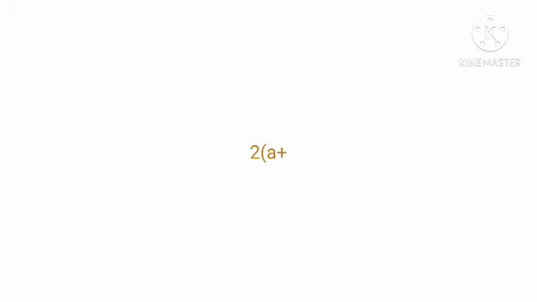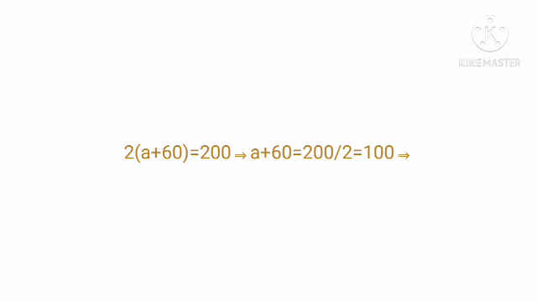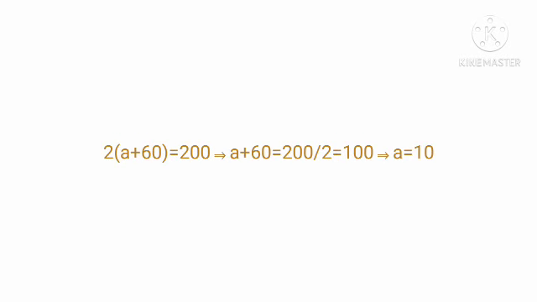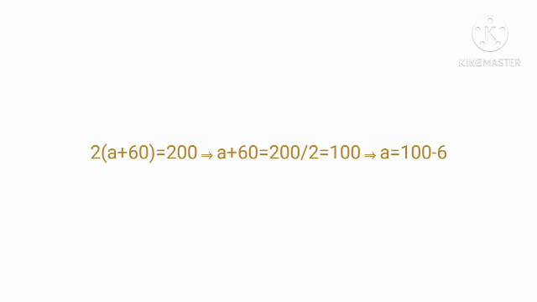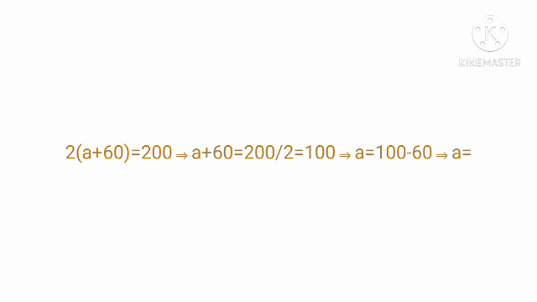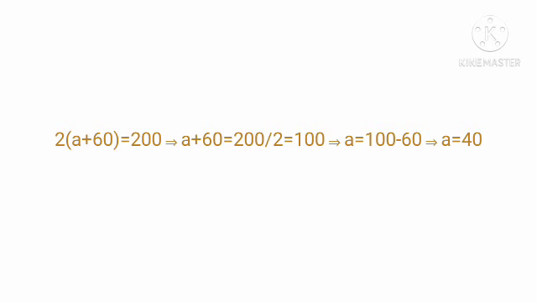Taking 2 common, we get 2 into a plus 60 is equal to 200, implies a plus 60 is equal to 200 by 2, and that is equal to 100, implies a is equal to 100 minus 60, implies a is equal to 40.